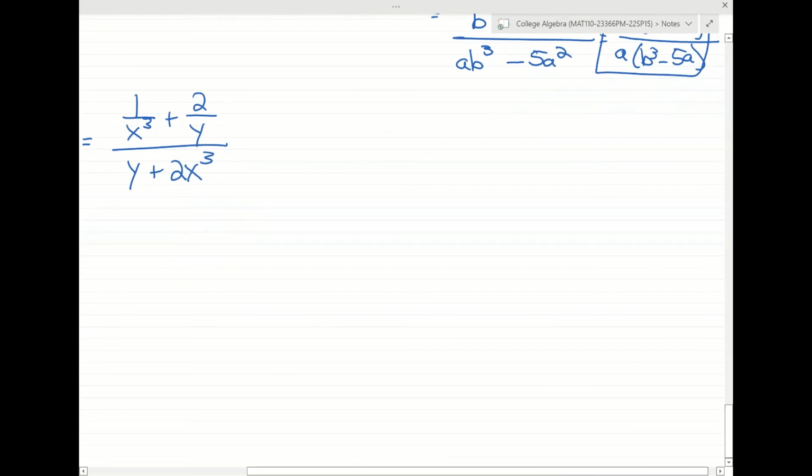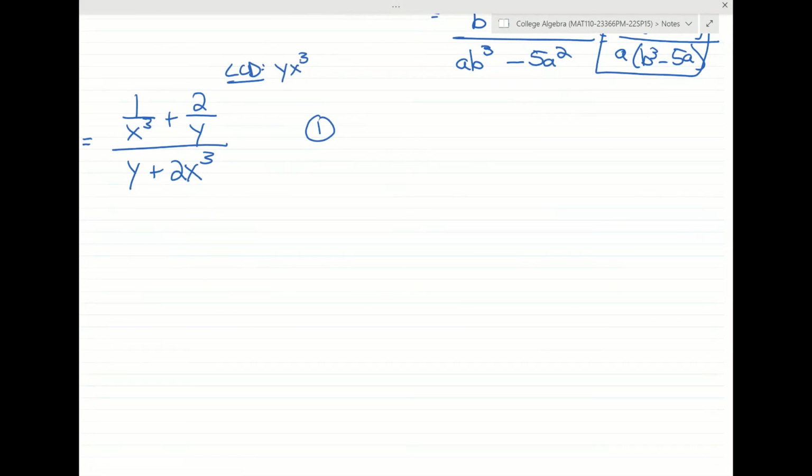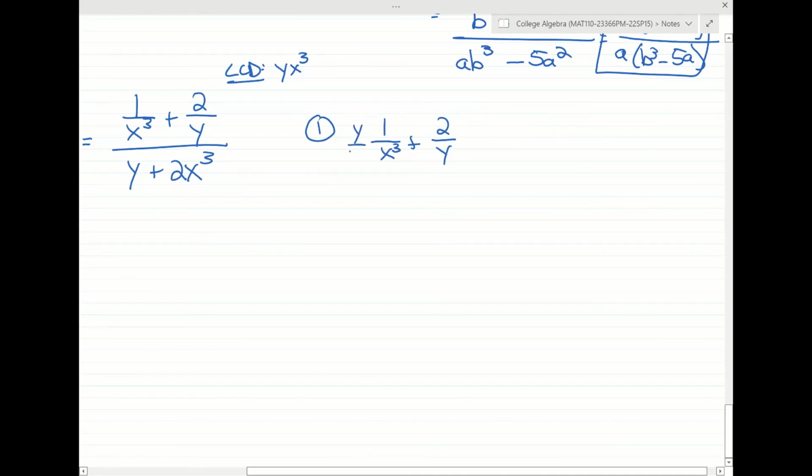Let's do our first technique. First technique is we have to get the LCD of the top, which would be y. Very good. So we're going to multiply by whatever's missing in each of those fractions. So we have 1 over x to the third plus 2 over y. Looks like that first fraction is missing a y, so I'll multiply by y over y here. And that second fraction is missing an x to the third.